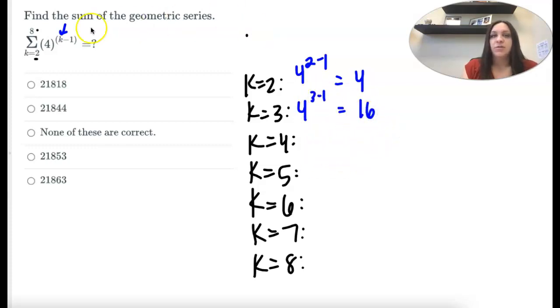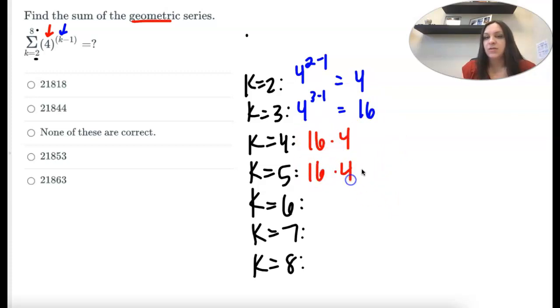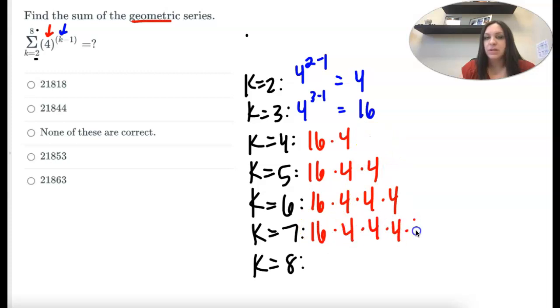So remember, a geometric series is multiplying by 4 every time. So this would be 16 times 4, 16 times 4 times 4, all the way through until I get these really big numbers. And then I want to add them. I want the sum.